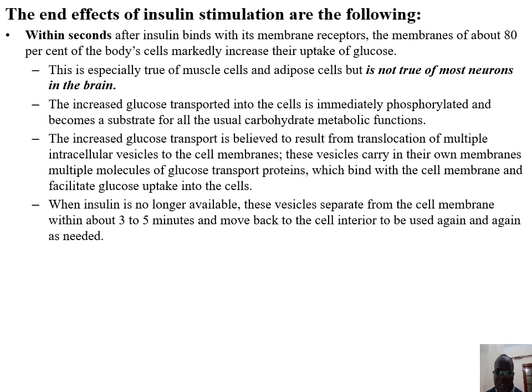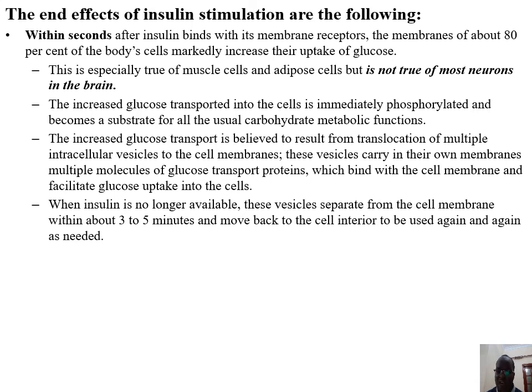These vesicles carry in their own membrane multiple molecules of glucose transporter proteins, which are the GLUT4 transporter proteins, which bind with the cell membrane and facilitate glucose uptake into the cells. When insulin is no longer available, these vesicles separate from the cell membrane within about 3 to 5 minutes and move back to the cell interior to be reused again and again as needed.